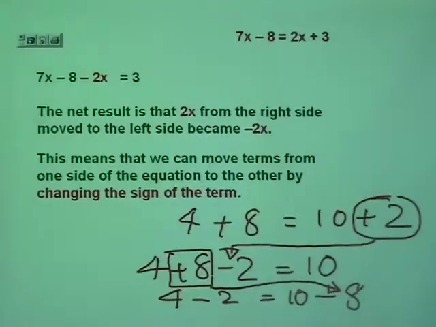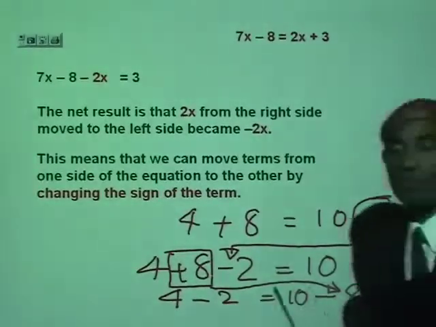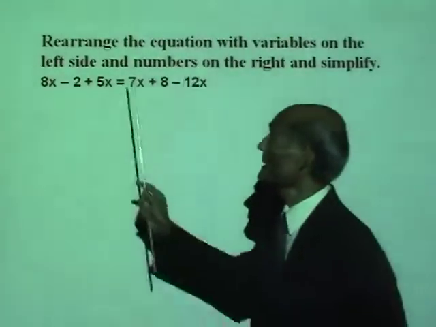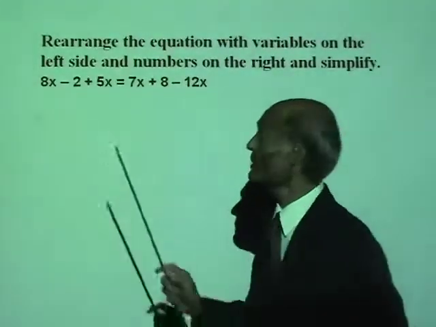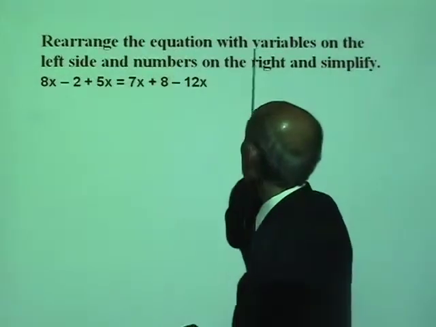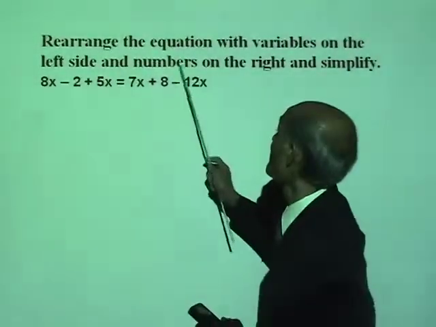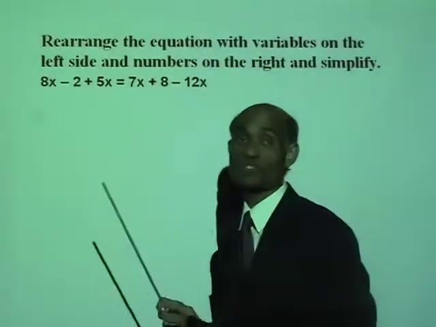We will use this continuously when we want to solve equations. Okay, let's practice that with an example. Rearrange the equation with variables on the left side and the numbers on the right side.